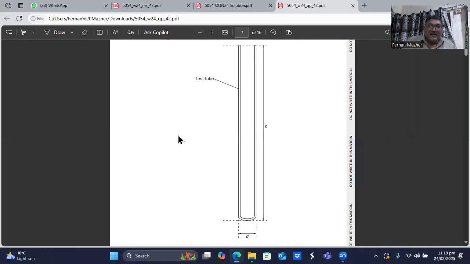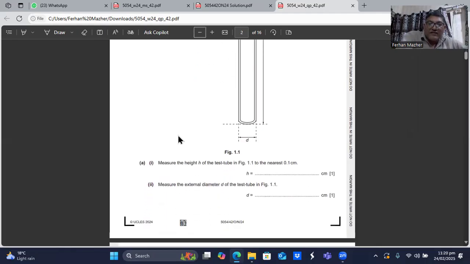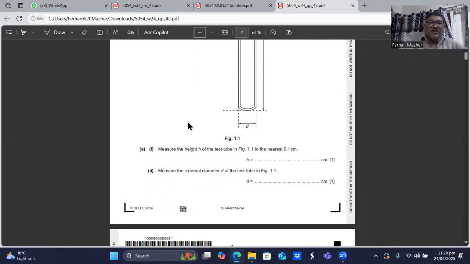This diagram is full size. So by measuring h directly with the help of a scale, you can tell the external height, and by directly measuring d with the scale, the external diameter of this test tube can be calculated.